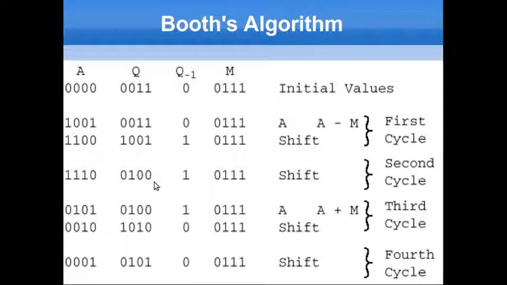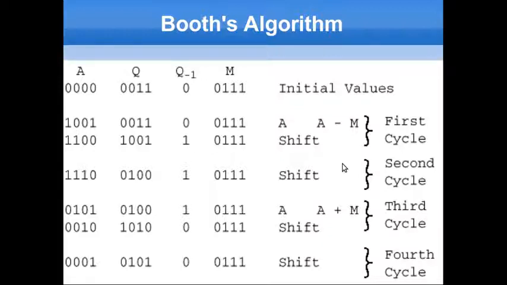In our second cycle, we note that Q and Q minus 1, the least significant bit of Q and the bit stored in Q minus 1 from the previous cycle are in fact the same.